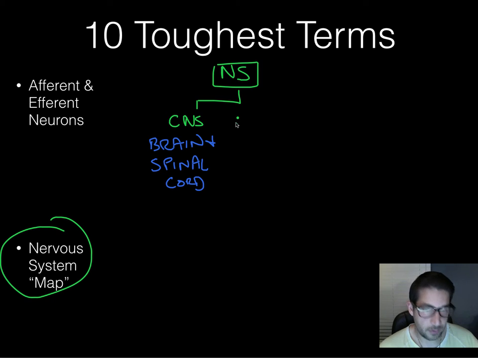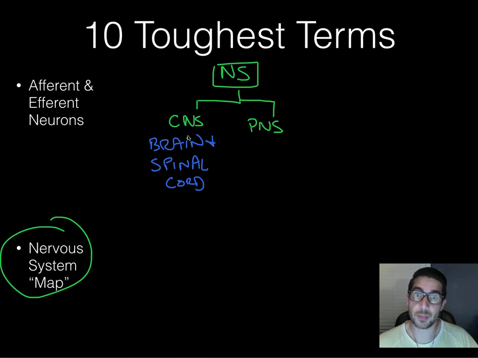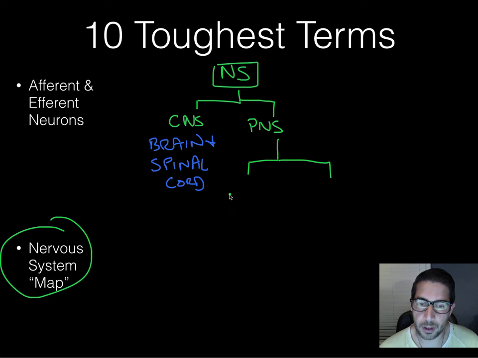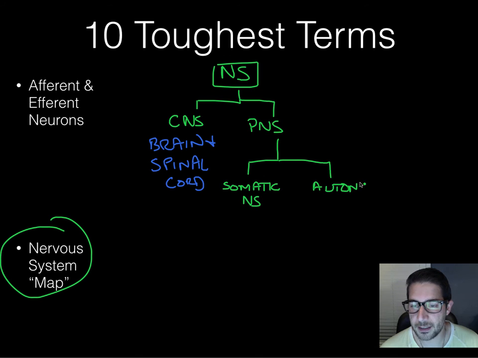And then you've got the peripheral nervous system, which is composed of everything else, peripheral, right, around. So central, right in the center of your body. The peripheral nervous system is then further divided into your somatic nervous system and your autonomic nervous system.